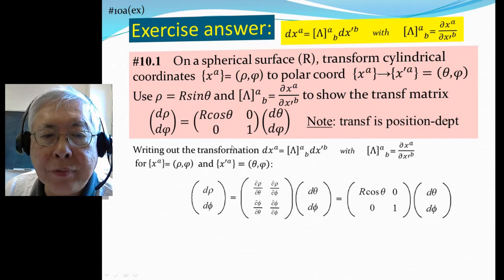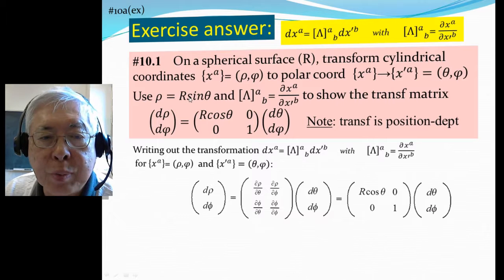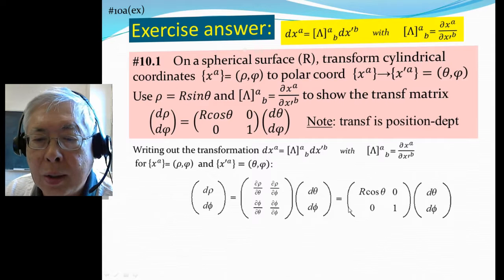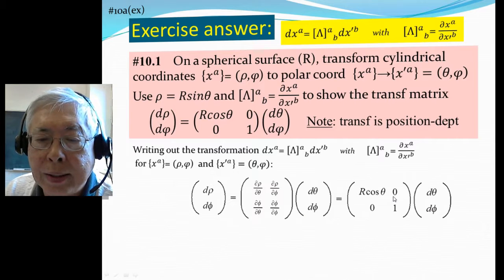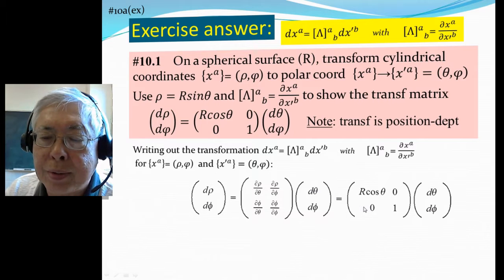The d rho d theta, of course, you just differentiate this expression rho with respect to theta, it's just r cosine theta. And d phi d phi, of course, is 1. And d rho d phi and d phi d theta are all 0 because they are independent components. So here is the transformation matrix.